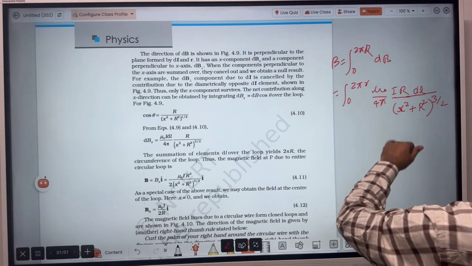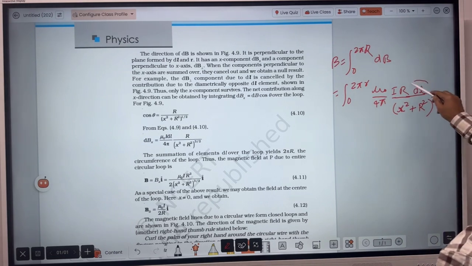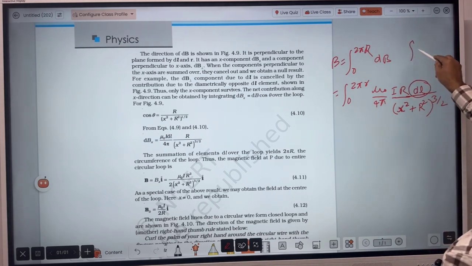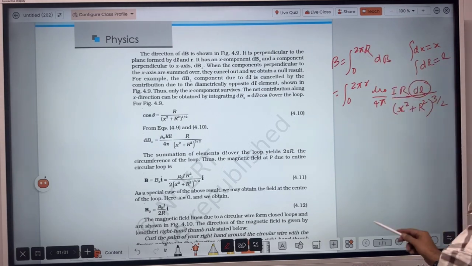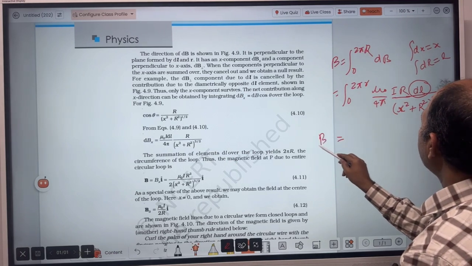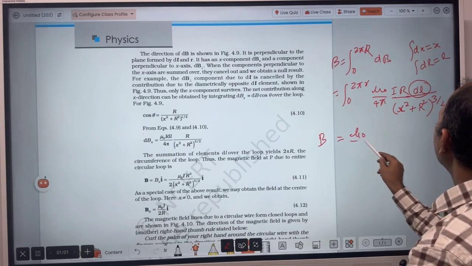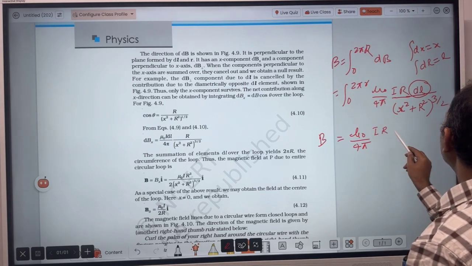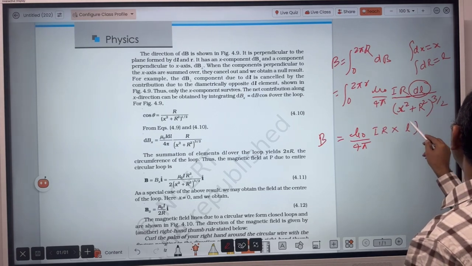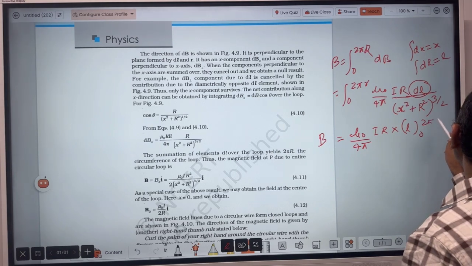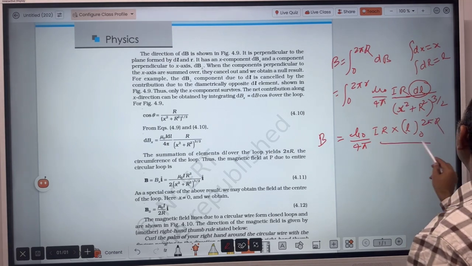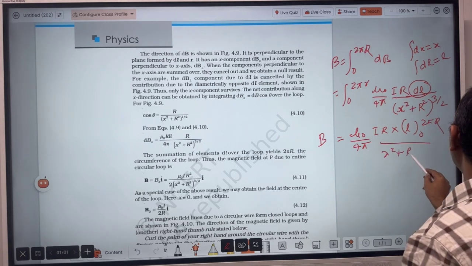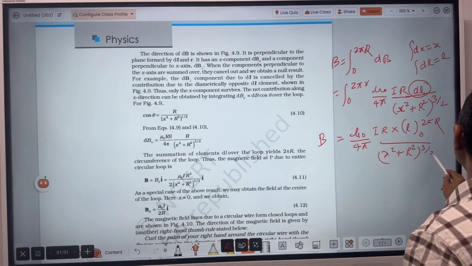Here, what is the integrable term? The integrable term is just dl. Integration of dx, if you remember, becomes x. So integration of dl will become L, and then we will put the limits. So we get B equal to mu naught upon 4 pi, then I R times L, limits 0 to 2 pi R, whole divided by x square plus capital R square whole power 3 by 2.